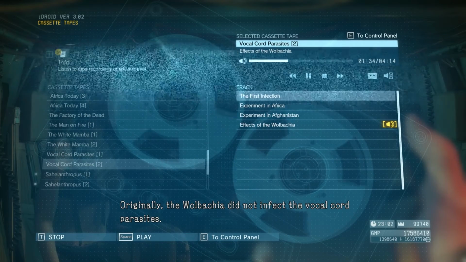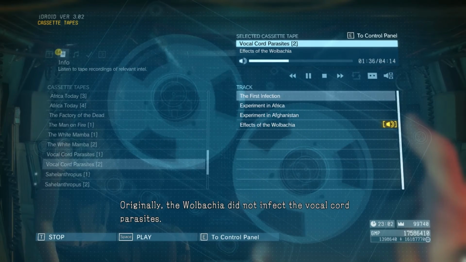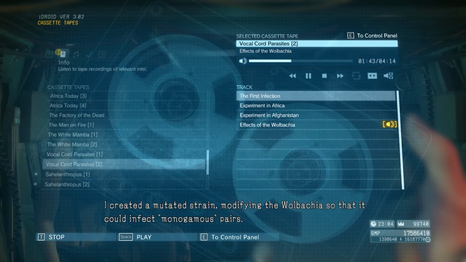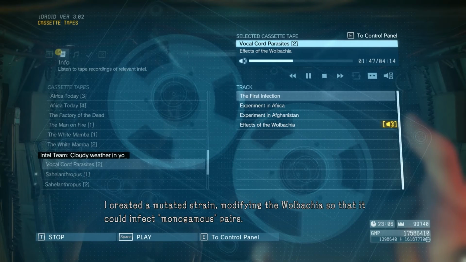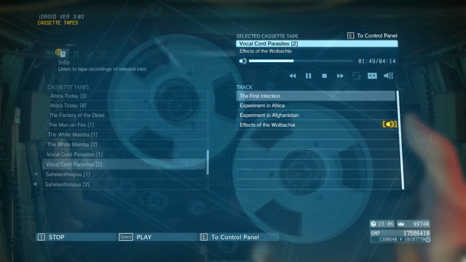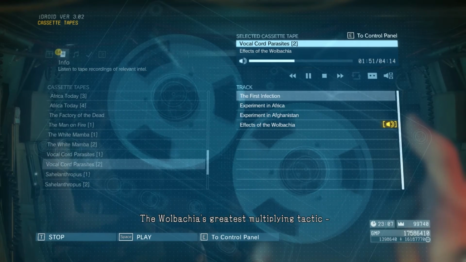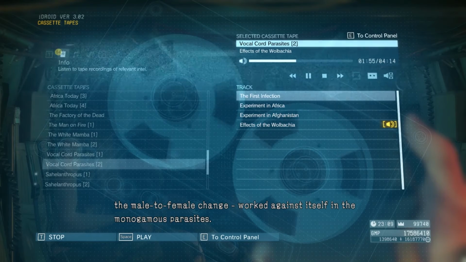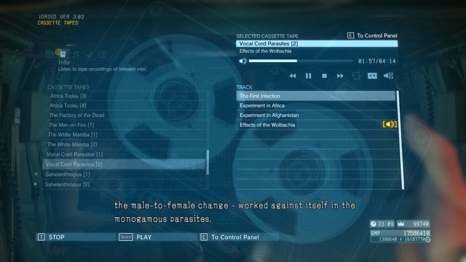Originally, the Wolbachia did not infect the vocal cord parasites. I created a mutated strain, modifying the Wolbachia so that it could infect monogamous pairs. The Wolbachia's greatest multiplying tactic, the male-to-female change, worked against itself in the monogamous parasites.